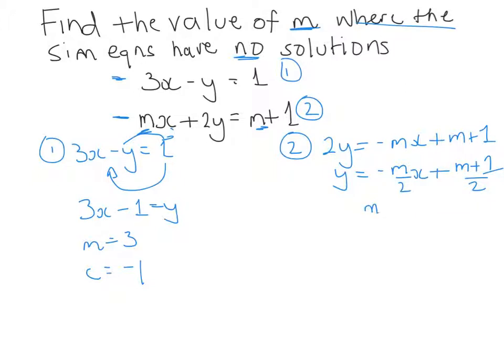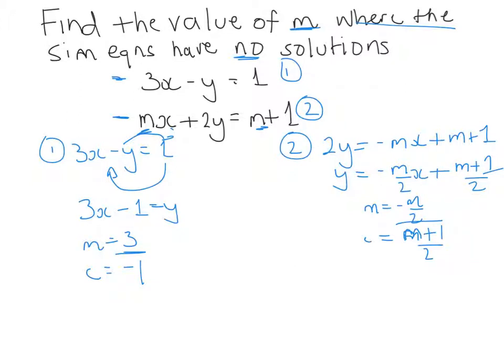So the gradient would be minus m over 2, and the intercept would be m plus 1 over 2. Now, if the gradients are equal, then the lines are probably parallel.